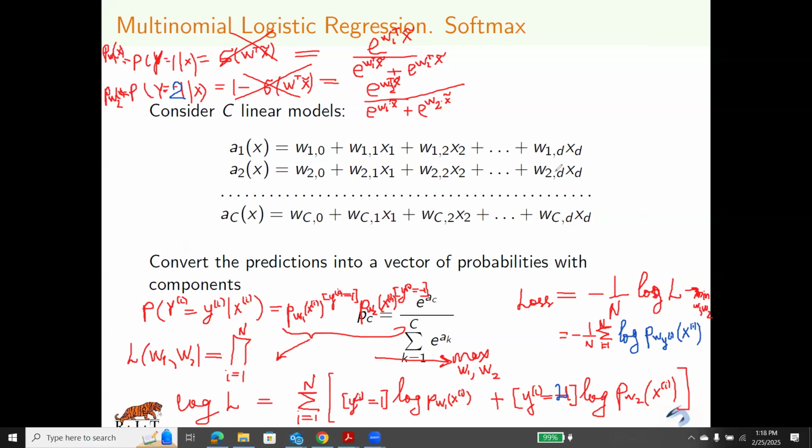Then it would make sense if you would write here C and sum also over C. But then you should notice that only one bracket will be non-zero, when C equals y_i. And then C will be replaced with y, and this will be one. Does it make sense?